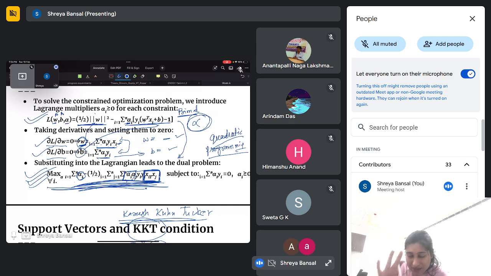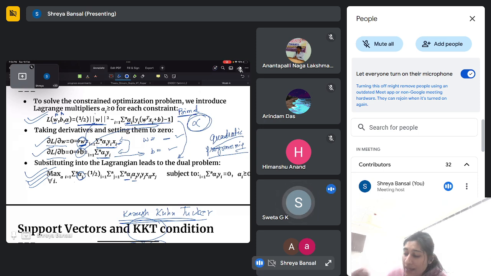Because look, one more thing, just see here. Can you see alpha i and alpha j? Yes. Let's say i and j go from 1 to n. Let's say I have 10 points. Then alpha i and alpha j create a matrix of 10 cross 10.